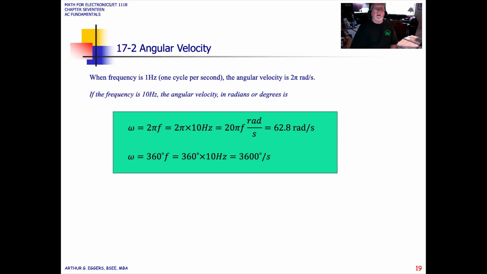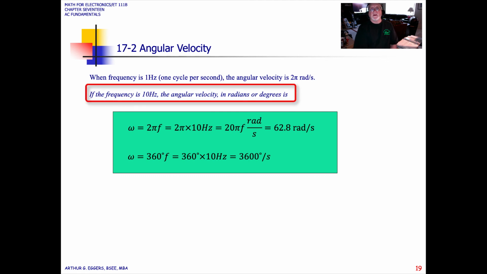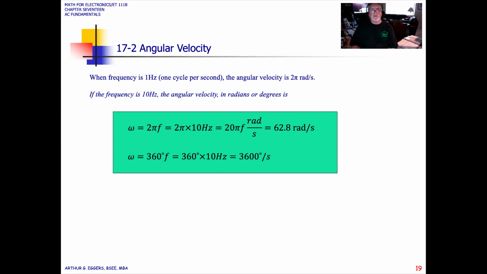So when the frequency is 1 cycle per second, 1 hertz, the angular velocity is 2 pi radians per second. We're going one time around, that's 2 pi around the circle. If the frequency is 10 hertz, though, the angular velocity in radians or degrees is as follows. Omega is equal to 2 pi f, 2 pi times 10 hertz, or 20 pi.